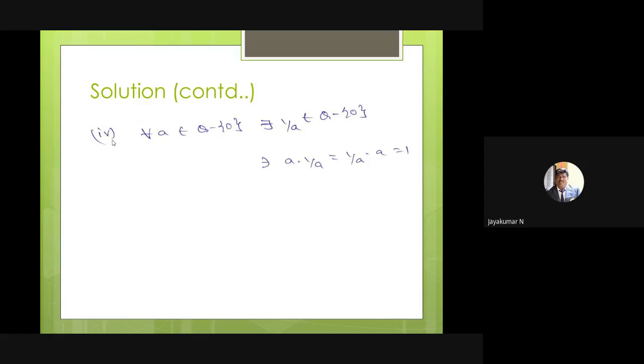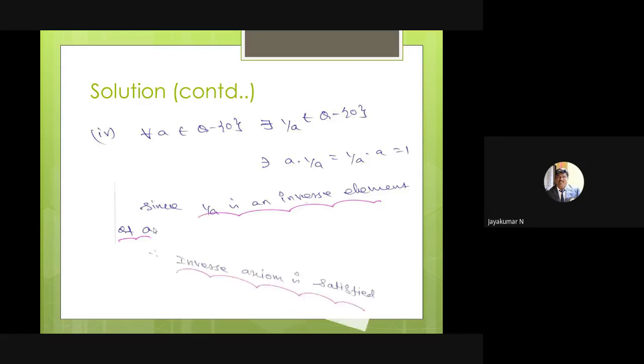It fails only when A is 0, but A is non-zero, so definitely 1 by A is also in Q minus 0. Therefore 1 by A is an inverse element of A. The inverse axiom is satisfied.